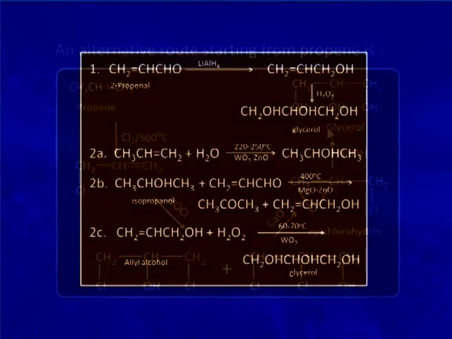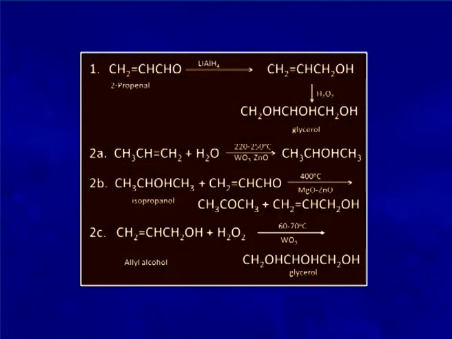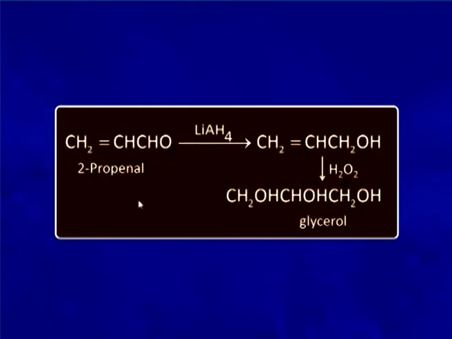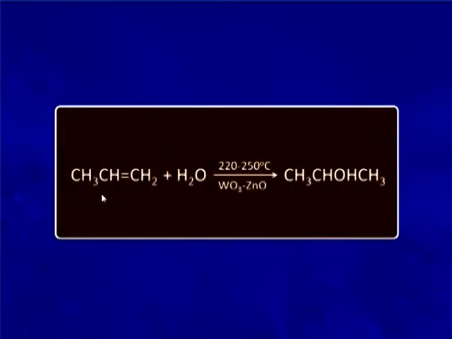In these two methods which we have discussed here, you can see in all the cases, first of all, the propanol is converted into this alpha beta unsaturated alcohol or allyl alcohol by treatment with lithium aluminum hydride followed by hydrogen peroxide treatment to produce glycerol. Propene upon treatment with water forms isopropanol.